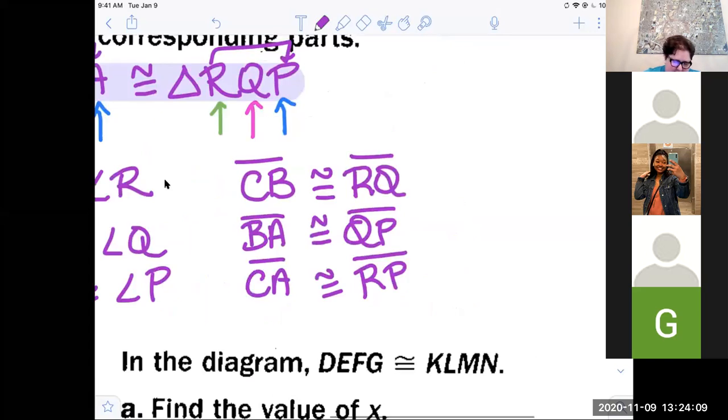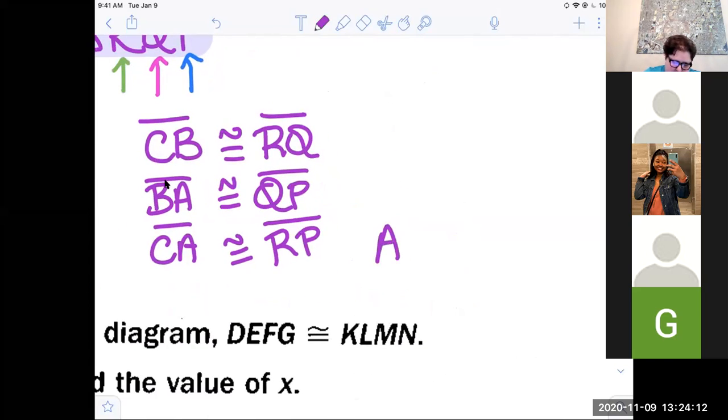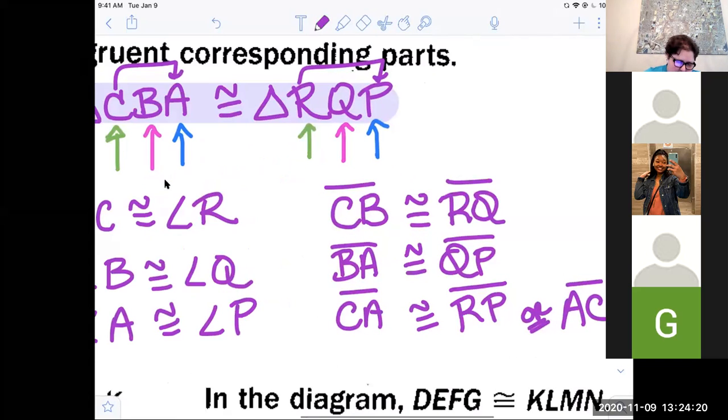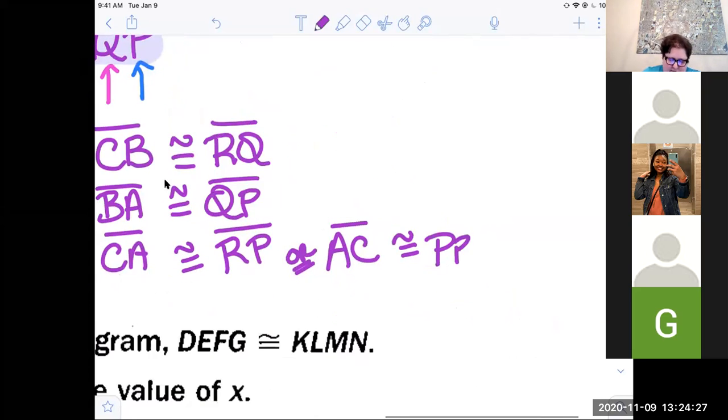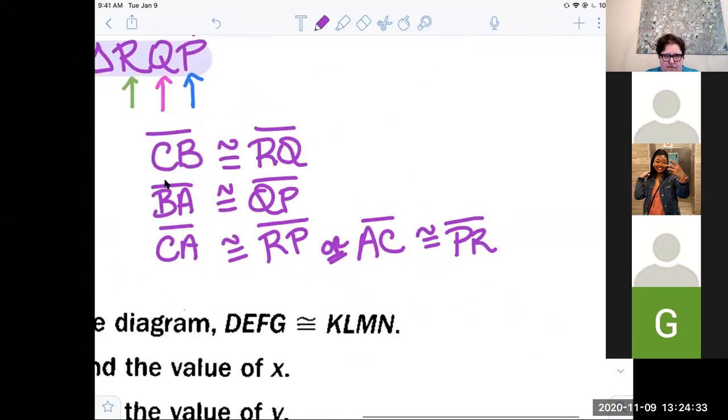Now, would it be okay to say segment AC, for example? That's fine as long as you have the correct order. If I go from A to C, the other way around, we'd have to go from P back to R. So there's nothing magical about the way you state the first segment, but the second one in the pair has to match the order of the first one.